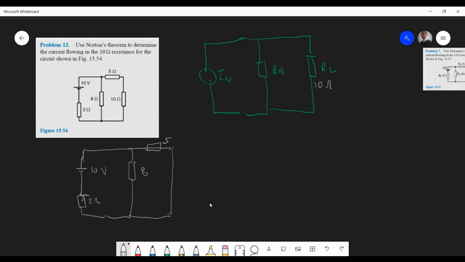So what we're going to sit with is 5 times 8 over 5 plus 8. And of course, what we're looking for is a current over here, right? So then the current is going to be equal to 10 volts over 2 plus whatever that value is. So what is that resistance? It's 5 times 8 over 8 plus 5.